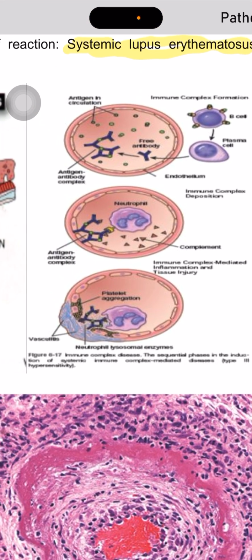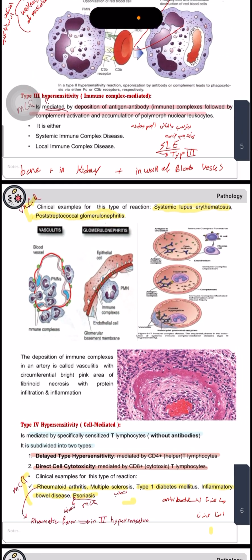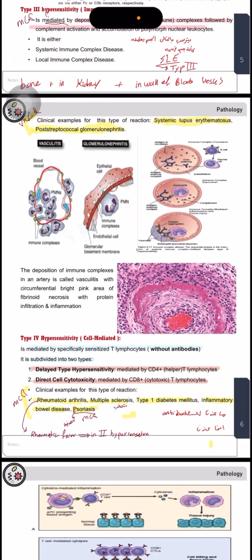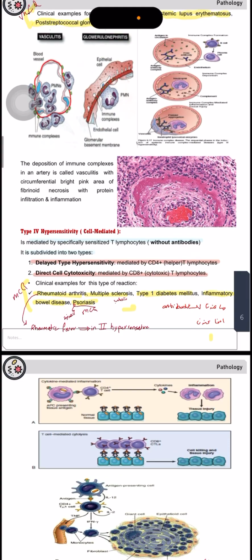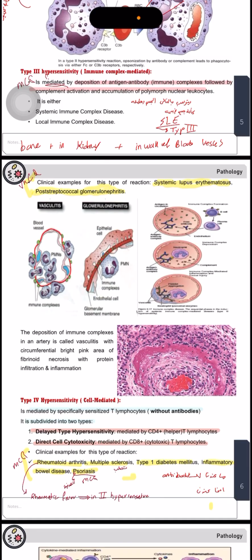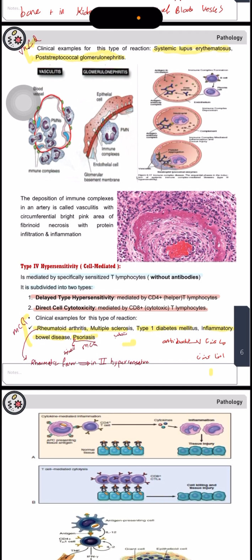The neutrophils interact with this, leading to platelet aggregation, and this develops into immune vasculitis. As we see here: fibrinoid necrosis, inflammatory infiltration. Type 3 is always immune complex and complement activation, either local, as in vasculitis and glomerulonephritis, or systemic, as vasculitis may include all the blood vessels.